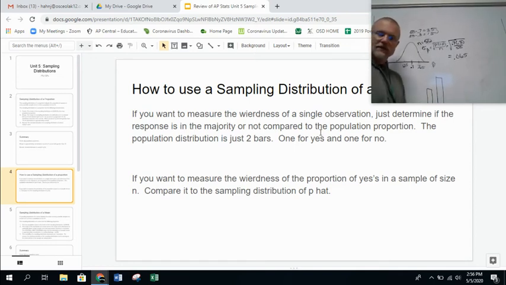If you want to compare the weirdness of a group of 20 or a group of 50, now you try to compare it in here. If you got a group of 50, and in that group of 50 the proportion of people who liked pizza was 0.8, you'd say, well, I don't know, that's a little bit weird because it's further away from the center than typical. If you got it at 0.9, that's really weird.